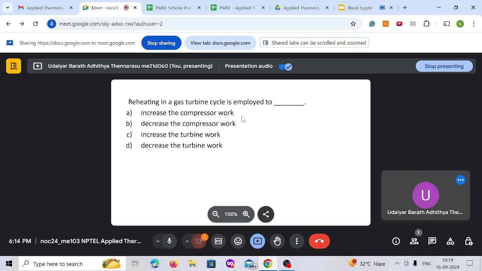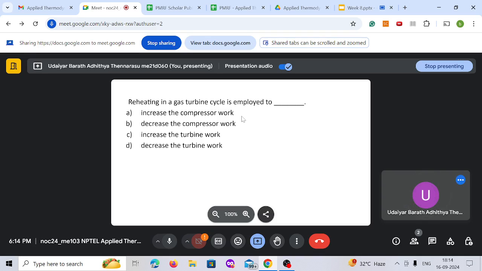So if you see, reheating is done in case of turbine, and intercooling is done in case of compressor. So for this you do it in stages.